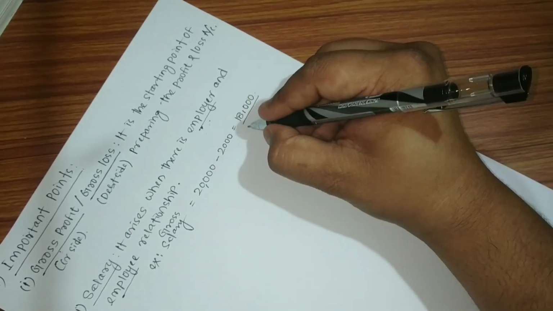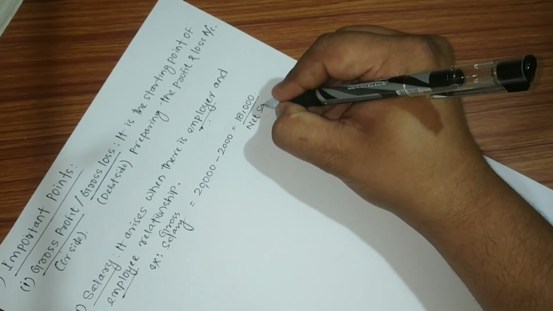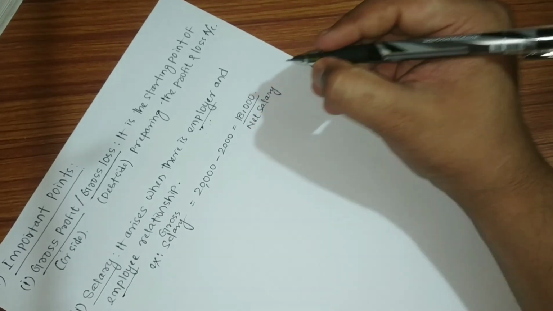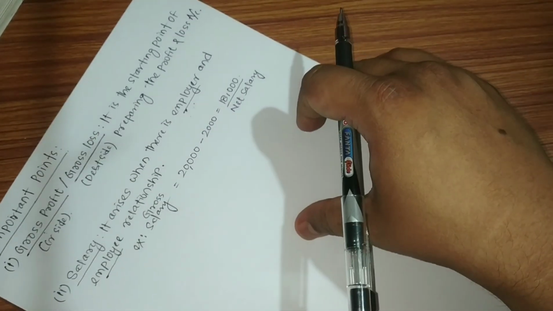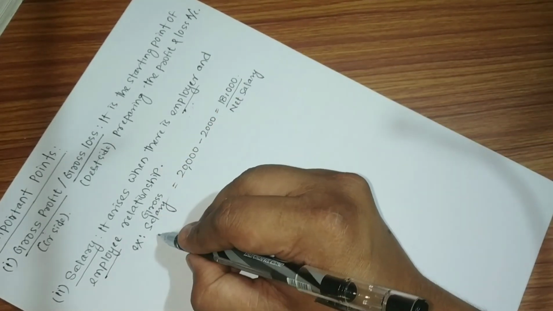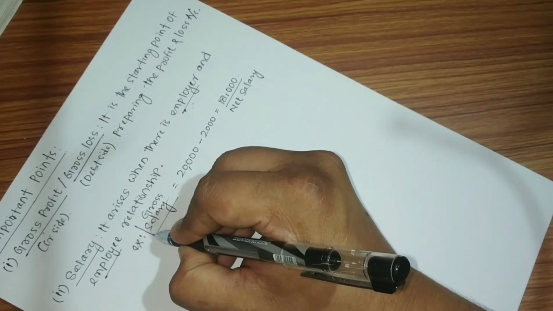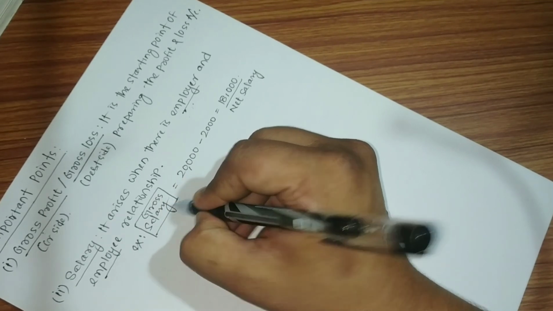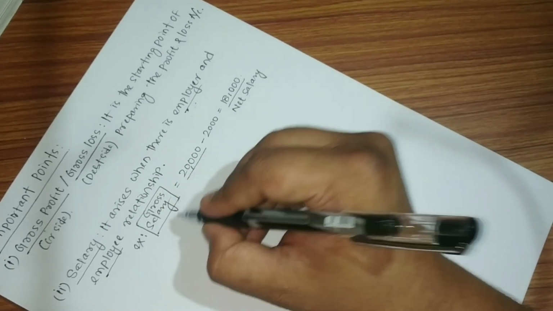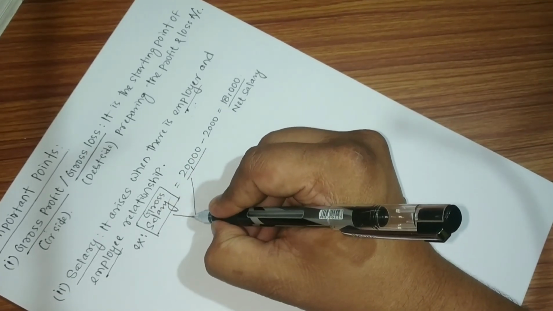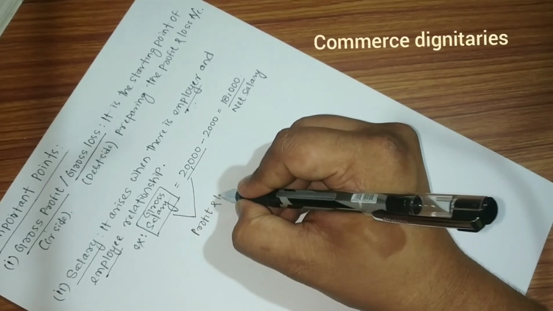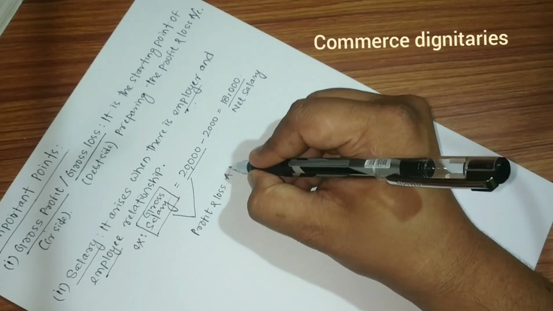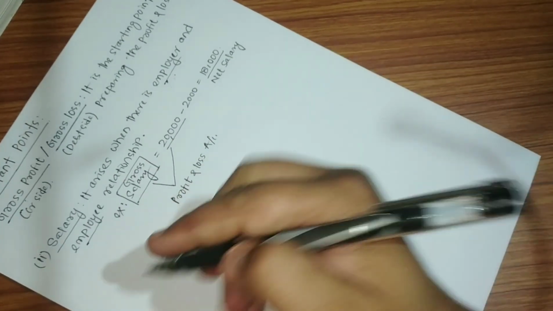This 18,000 is known as net salary, which is actually payable to the employee. But while calculating the profit and loss of the business, we are required to take the gross salary. That means the total 20,000 will be taken to the profit and loss account.